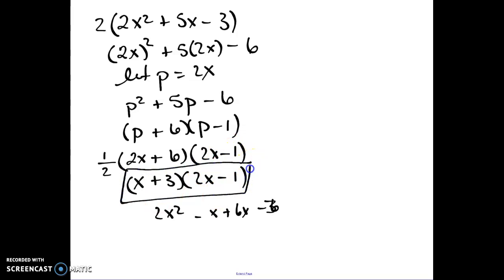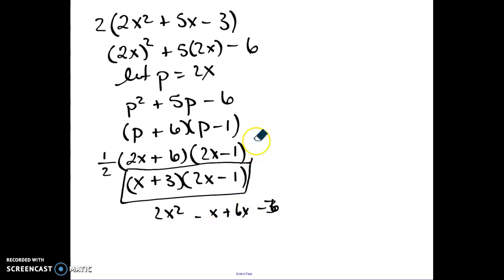And then I showed you a trick called the slide and divide method, which really takes the same steps and just makes it very algorithmic. I multiply the first and the last numbers, so the 2 times the 3 gives me this 6. And then I factor and divide. It's kind of skipping through the nuance of this substitution, but effectively doing the same thing.